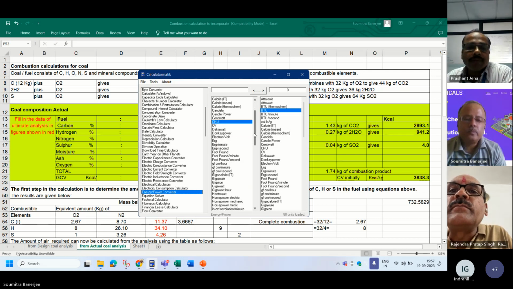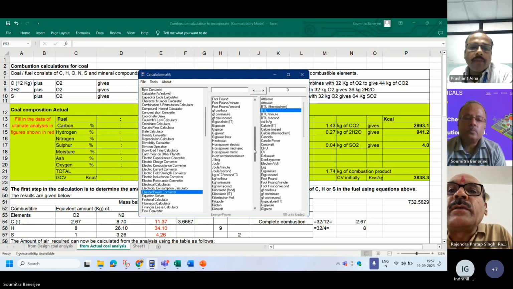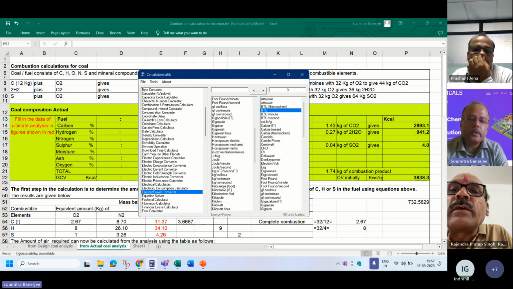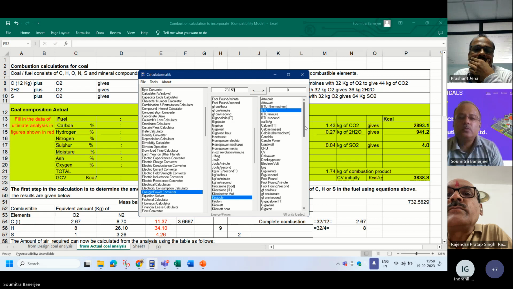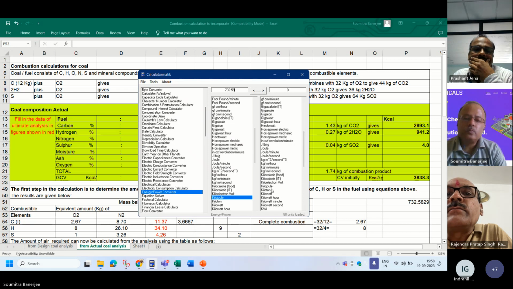It may be giving joules only. Yeah, kilojoule is also there. And I'll put here 732.59 and I'll get it into kilocalories. This is kilocalorie.